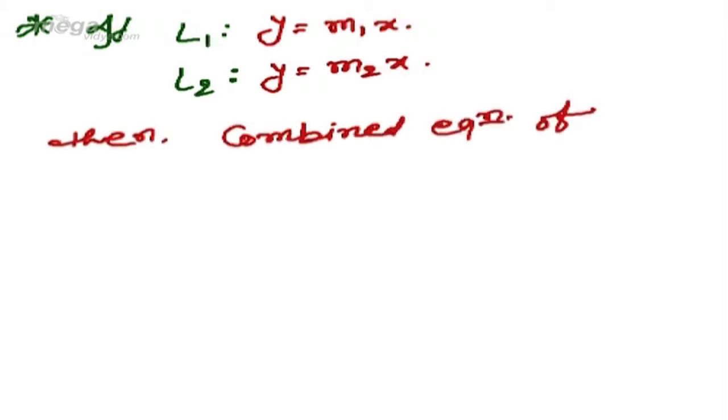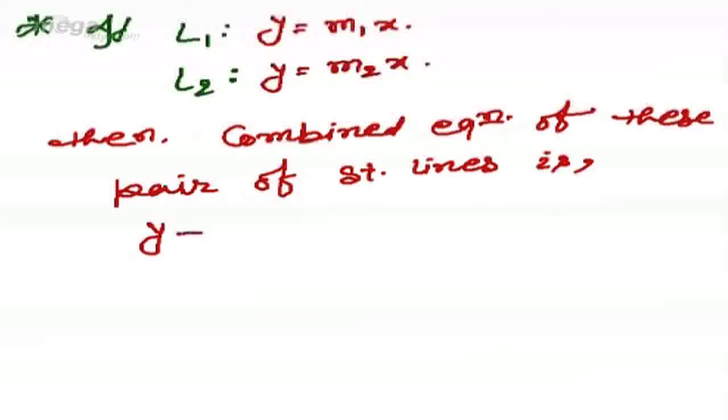Now student, if the equation of line 1 is y is equal to m1x and the equation of line 2 is y is equal to m2x, then what will be the combined equation of this pair of straight lines?